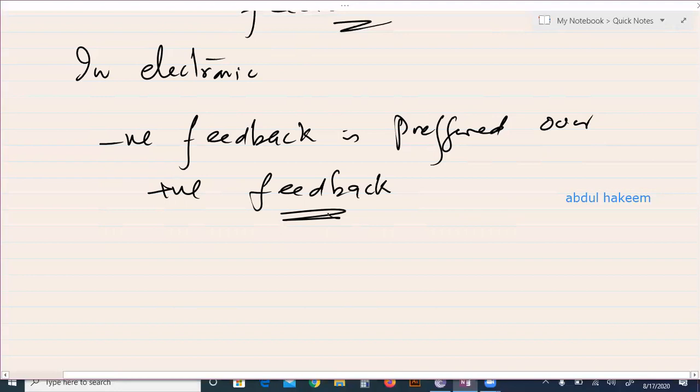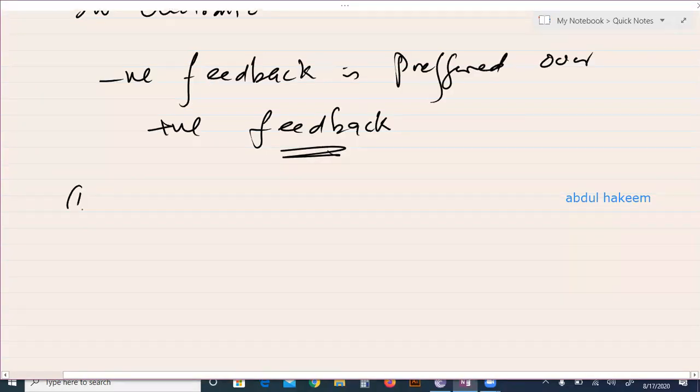Negative feedback is always preferred over positive feedback. Reason? Positive feedback will give you quantity, not quality. Negative feedback, definitely less quantity, but high quality. So there are three major reasons for its preference.